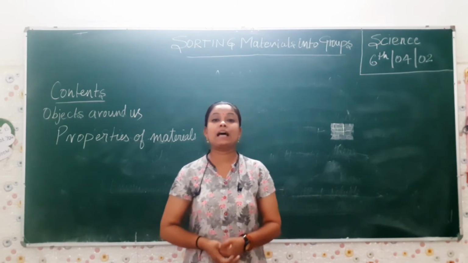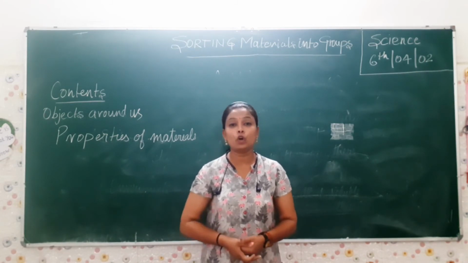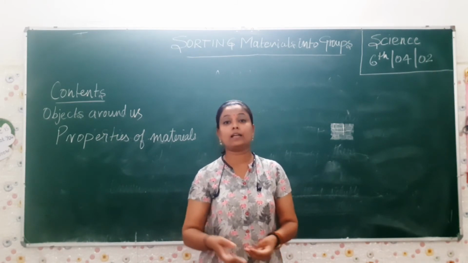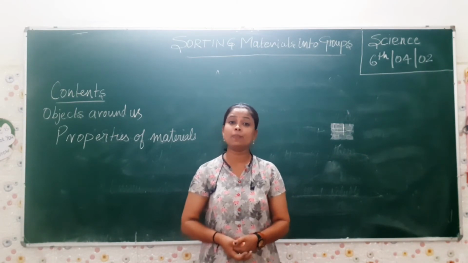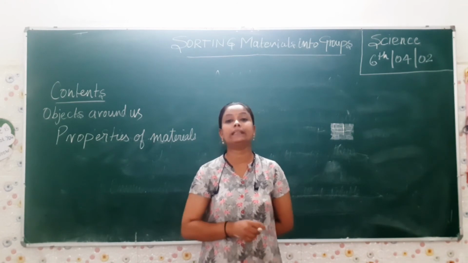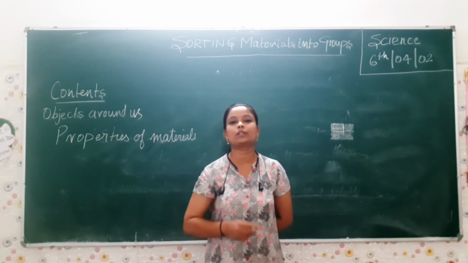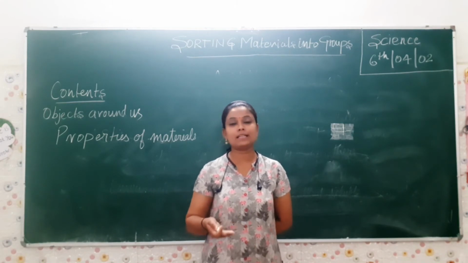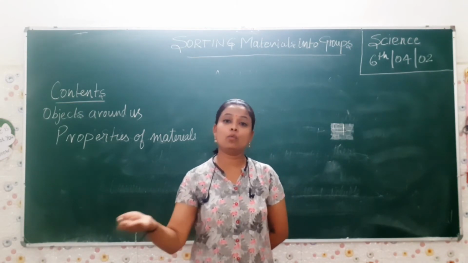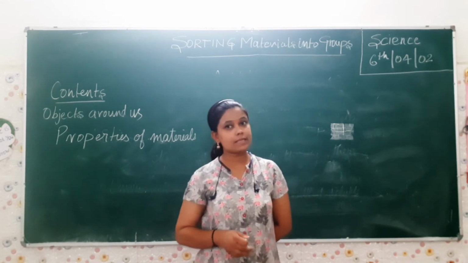This could be the example that wood floats inside the water, rather than any material that can float inside the water. And if you put any iron material inside the water, it will definitely sink, beta, because it is heavier than water. Its weight is heavier than water. Is that clear to you?